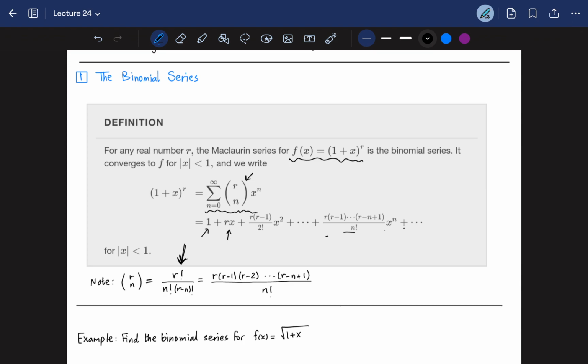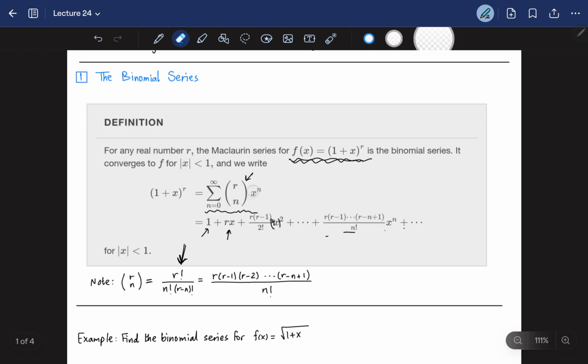It's a way to find the Maclaurin series for a function of this form. If you have a different value for x, you just substitute it in. So if that was 4x, that would be 4x all to the n, and these would be 4x squared and so on.